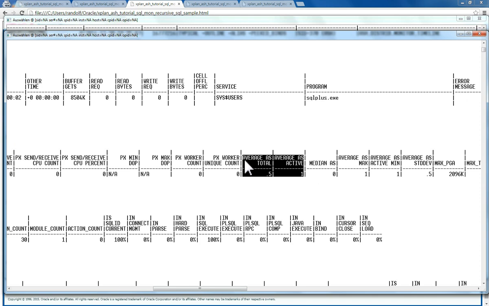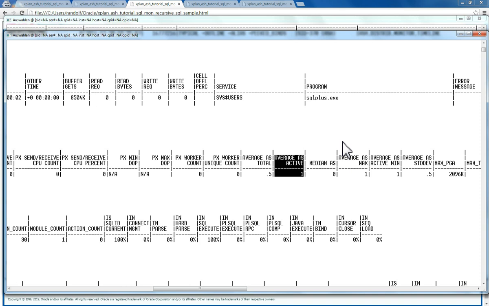The average active sessions for the total duration is only 0.5, so on average only half a session is active during the total duration, whereas if you check only the sample points where at least one session was active, then we get an average active sessions value of 1, which of course is in this case the lowest value that you could get for average active sessions active, because at least one session has to be active at each sample point.